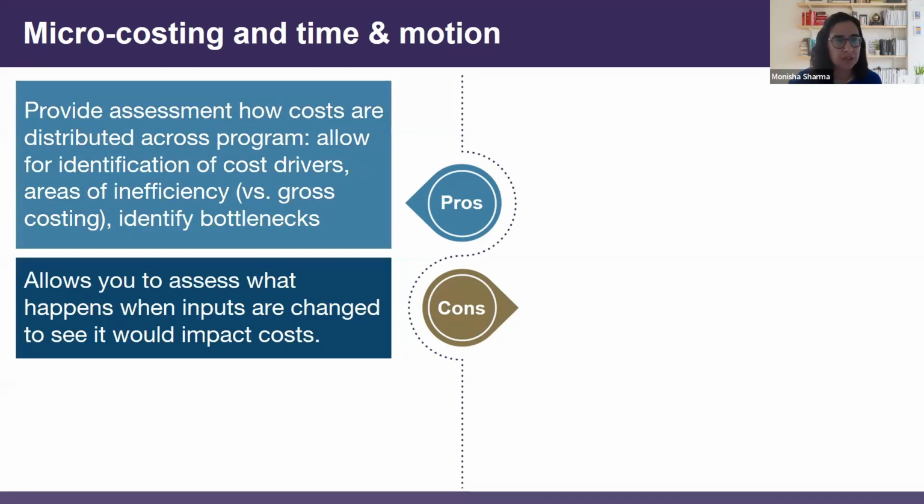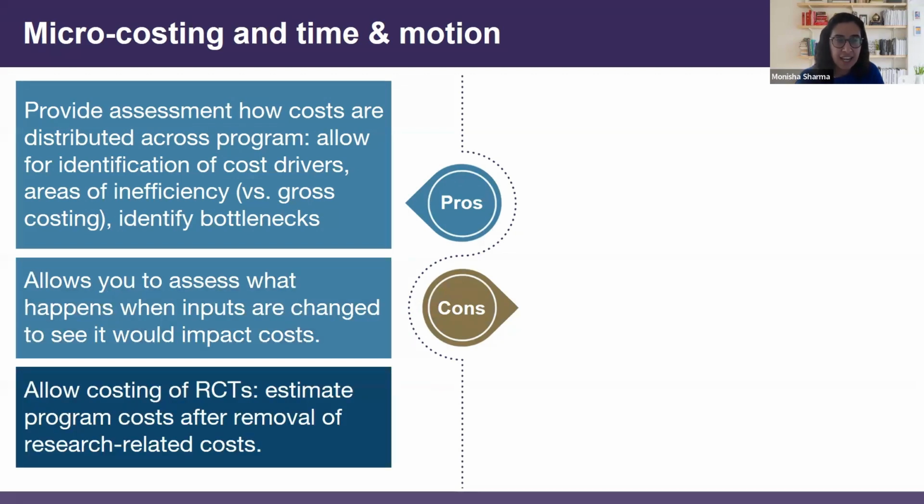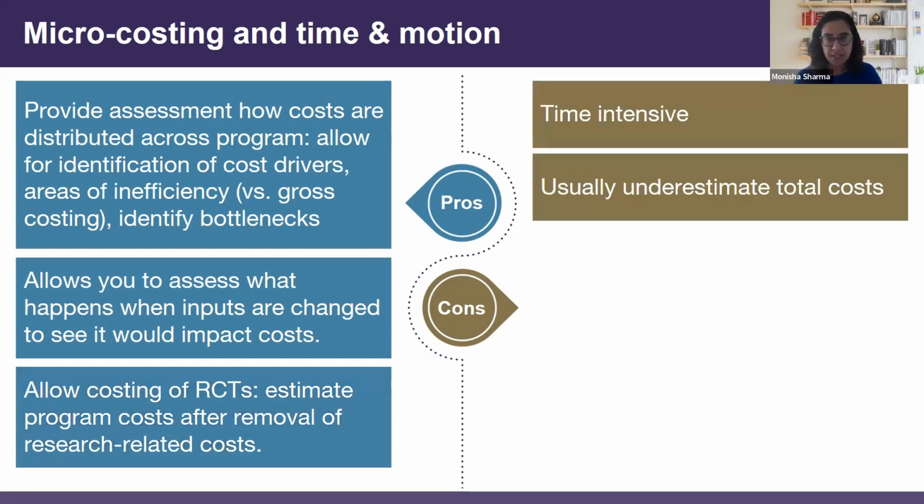It also allows you to assess what happens when inputs are changed. And you often need to conduct time and motion observation if you are doing a clinical trial or anything that would be implemented differently in a real world setting, because you want to remove all the time costs associated with research and other data collection.